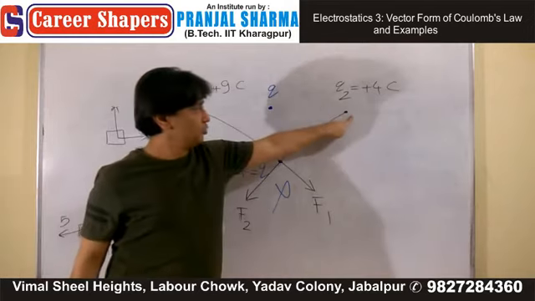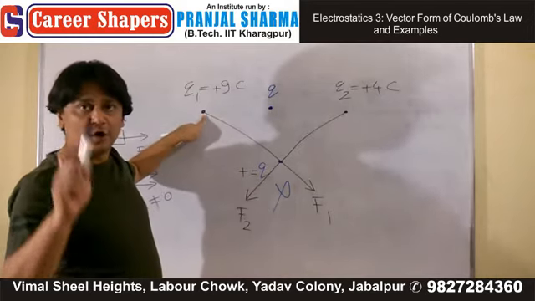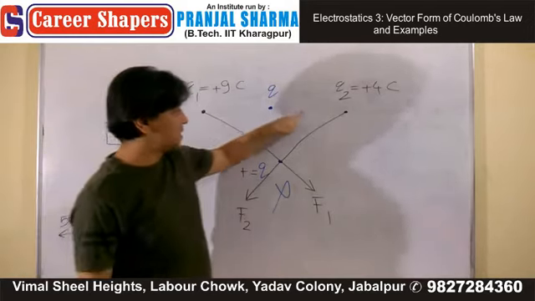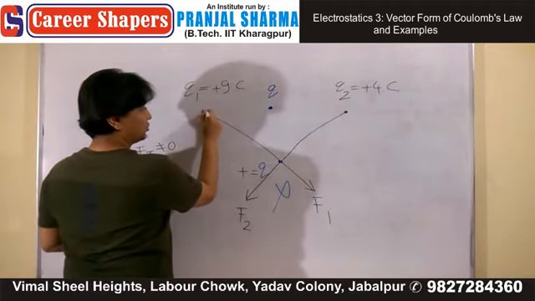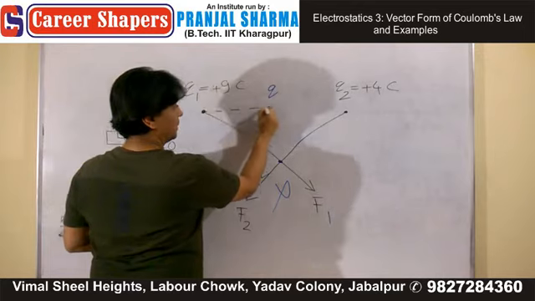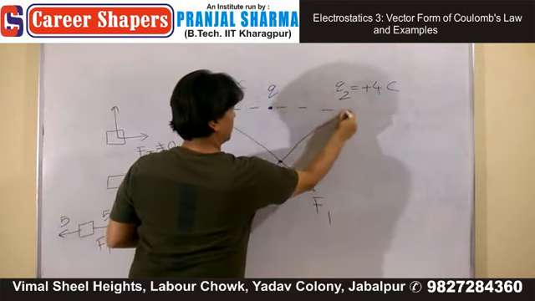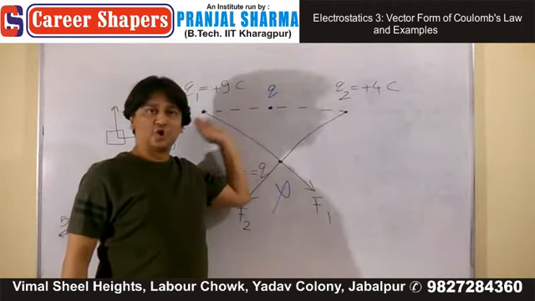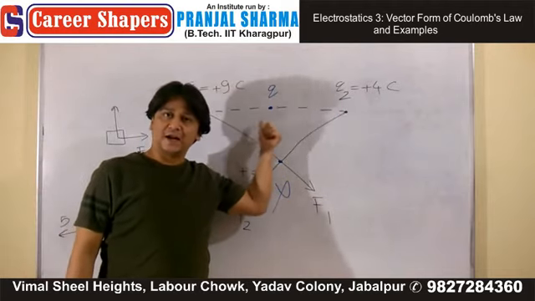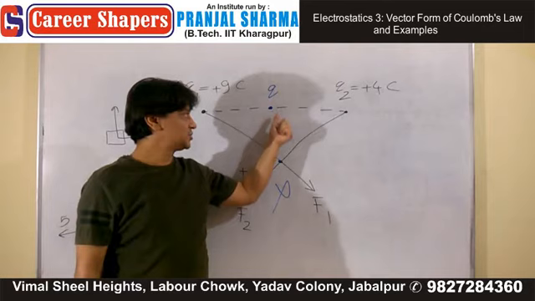Line joining Q1 and Q2, and on this line I have placed my Q. Line joining Q1 and Q2, and on that line somewhere we have placed the charge Q.